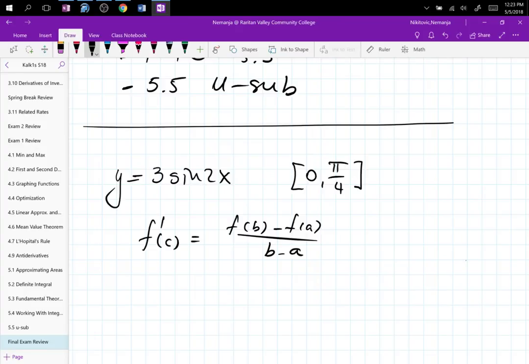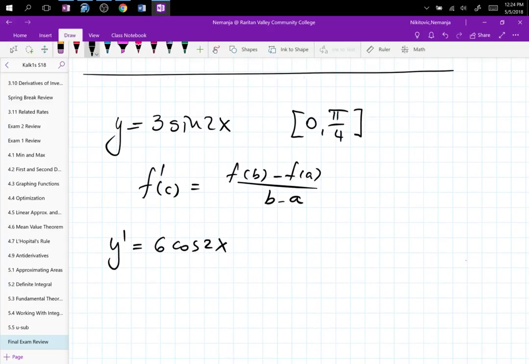So now I see that I need the derivative for the left-hand side of the formula. So y prime is going to be 6 cosine 2x. Right, 6 cosine 2x. And I need to replace x with c when I plug that in where the derivative goes in the formula.